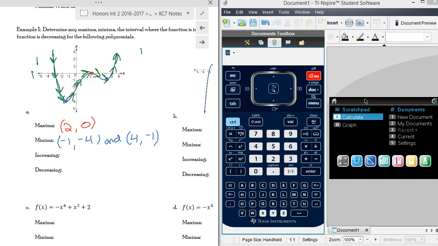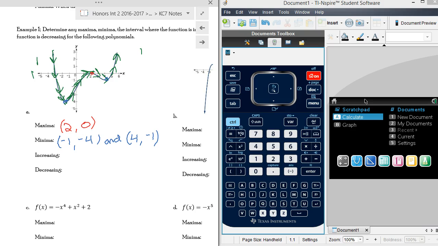The thing to remember about our definitions is maximas and minimas are where they switch from increasing to decreasing. So you can use your maximums and your minimums to help you know the stopping points. Because I can see I'm increasing, my arrows are going up right through here. So I have a starting point and a stopping point, and my maximums and minimums help me define what those points are.